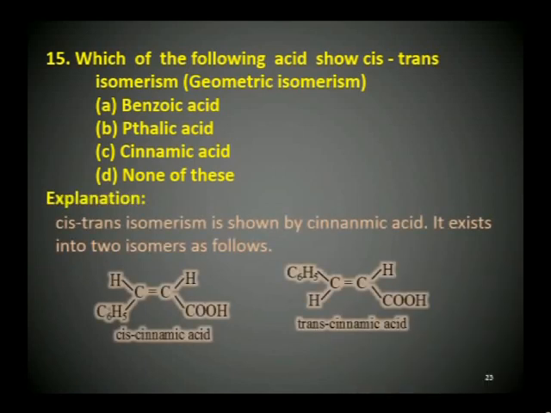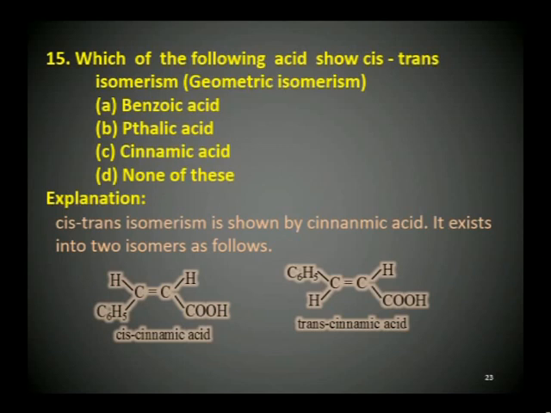You can see the structure of cinnamic acid given here. As you know, geometrical isomerism is shown only by compounds with a C double bond C, that is, 2 carbon atoms bonded with a double bond, which is the primary requirement for geometrical isomerism.